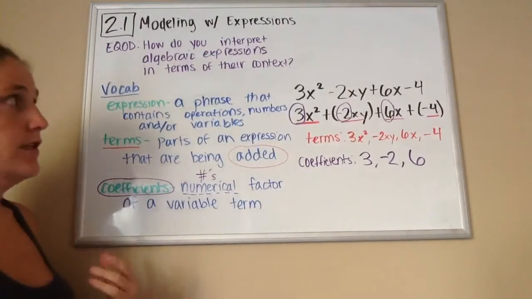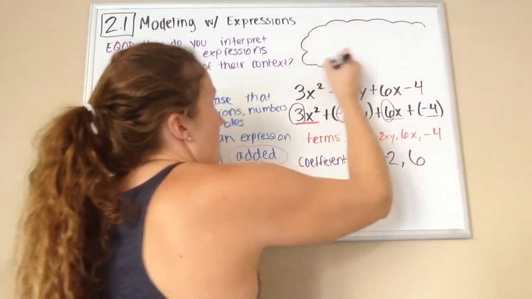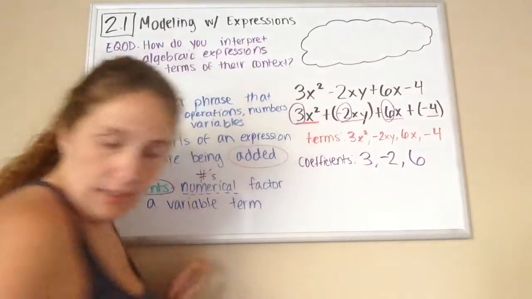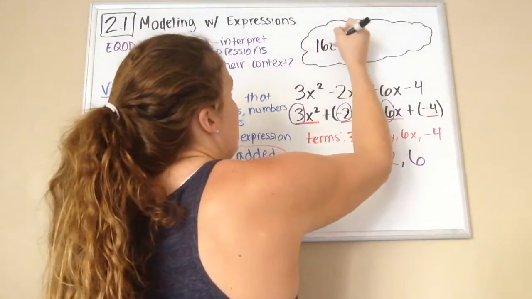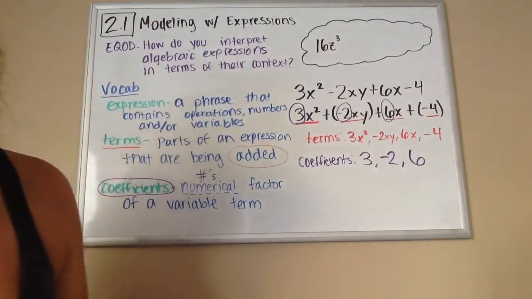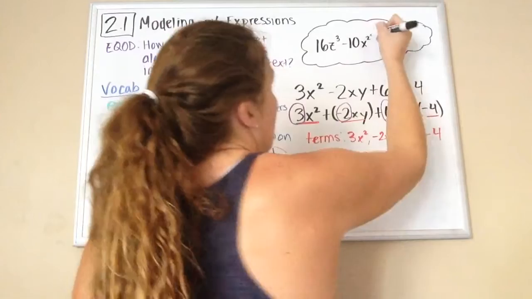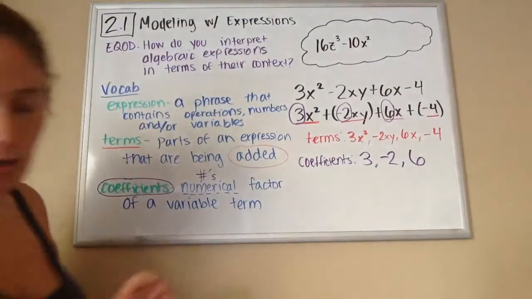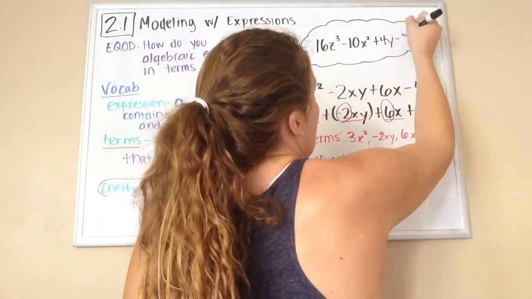Now I'm going to ask you to do this next problem on the left-hand side. I'm going to give you an expression, 16z cubed minus 10x squared. Notice I've got different variables in there, plus 4y minus 13.